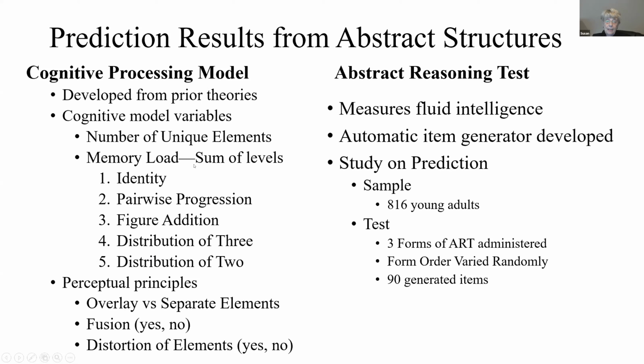And so memory load is just the sum of the levels of the items that are involved. So if it was pairwise progression and distribution of 3, I'd add 2 plus 4 as my memory load. And then we have some perceptual principles that were added because they seem to make a difference. Overlay, fusion, and distortion of elements are something that can create some difficulty as well.